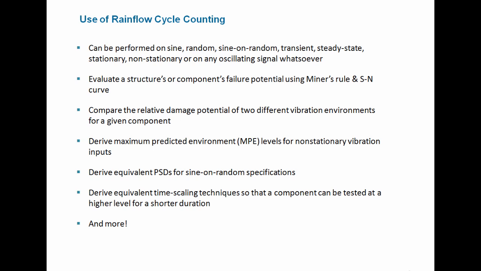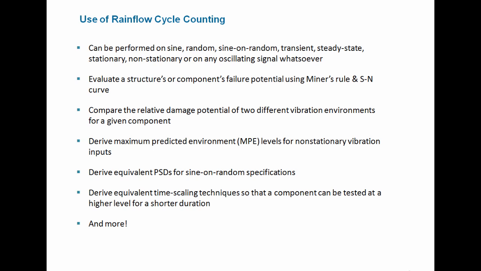So for example, let's say you have an avionics box and it's been qualified to one type of vibration environment, and then somewhere mid-program the requirement is changed and you have an altogether different requirement. Well, it takes a lot of time and money to qualify an avionics box, so is it possible to show that the box is good to go for the second environment based on the fact that it has successfully passed the first environment?